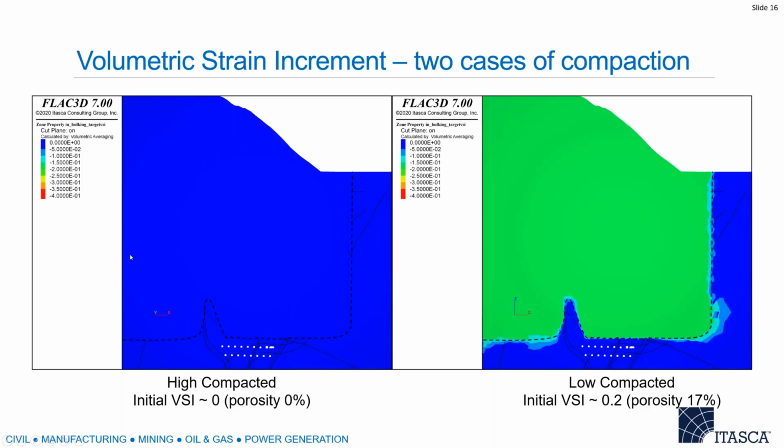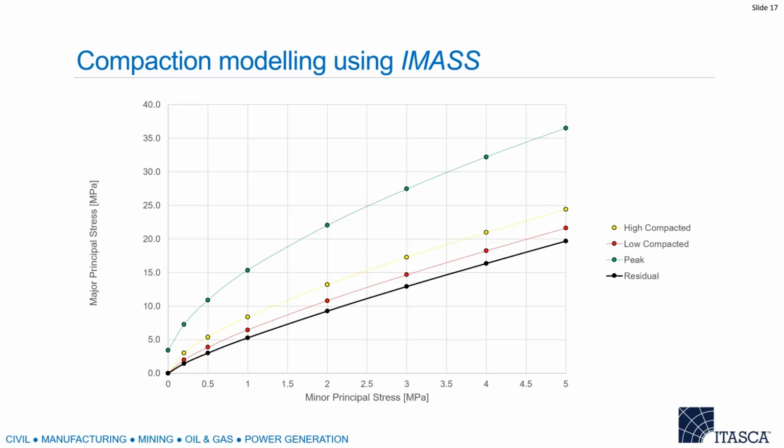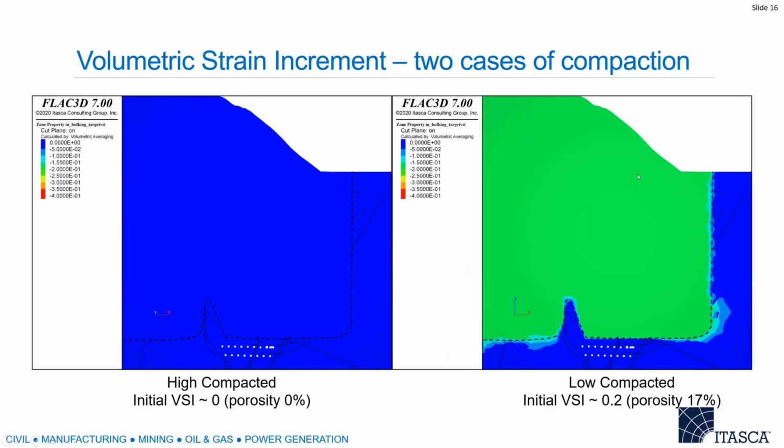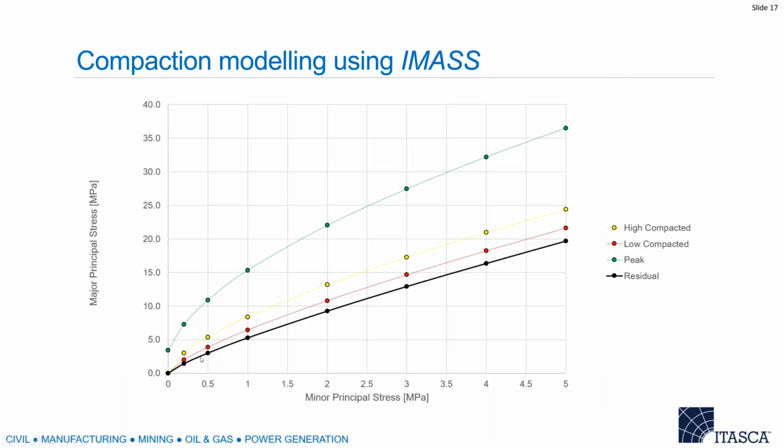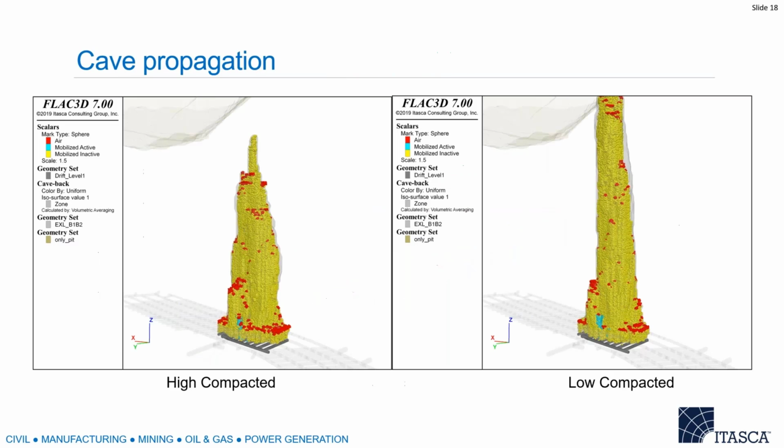So if we didn't change anything, with a VSI of 0, it basically means the porosity hasn't changed at all, and it would put us at this strength envelope, the yellow one. But if you introduce a higher porosity to this material and show lower recompaction, it would bring you to this lower strength envelope, the red one, and it eventually can go all the way to the black line, the true residual strength of the material.